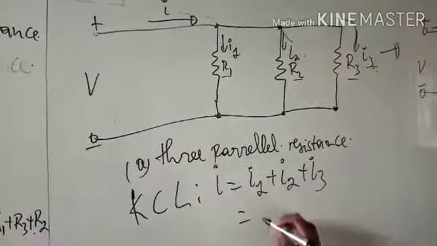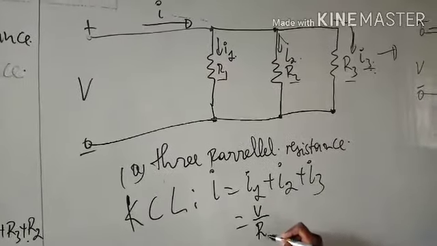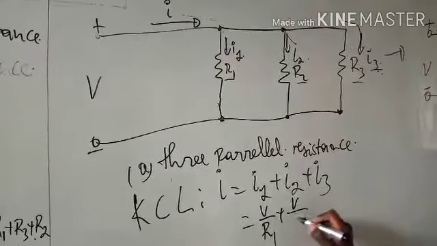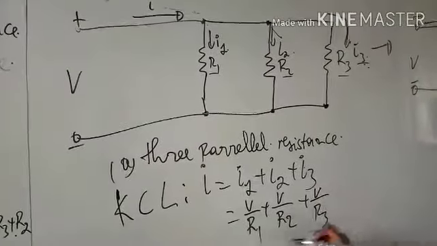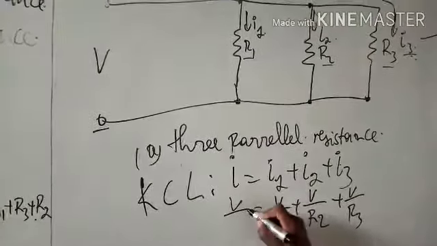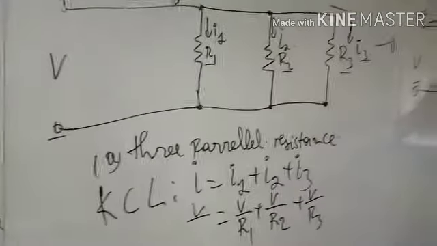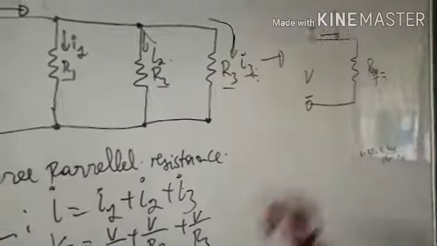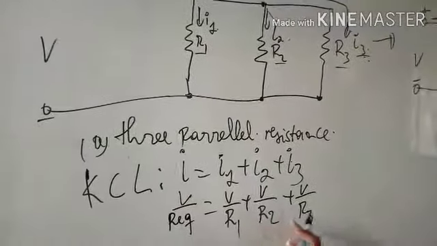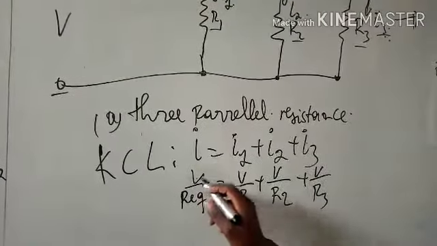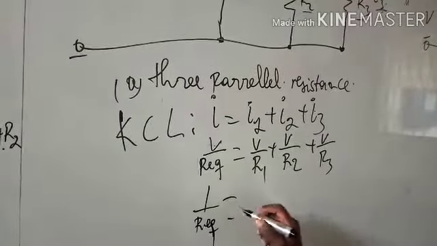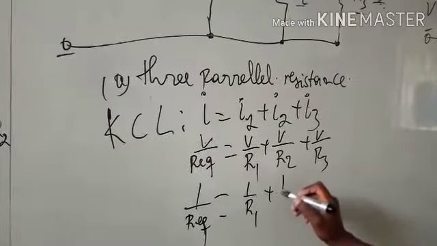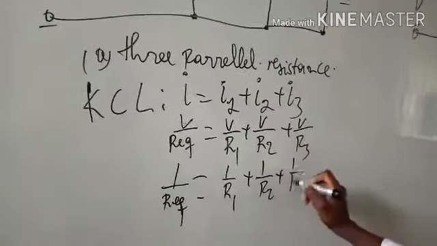It means the current will be equal to voltage over resistance 1 plus voltage over resistance 2 plus voltage over R3, and this current is equal to the voltage over the equivalent resistance. The V is on both sides, so we remove and simplify it, and we get 1 over R equivalent equal to 1 over R1 plus 1 over R2 plus 1 over R3.